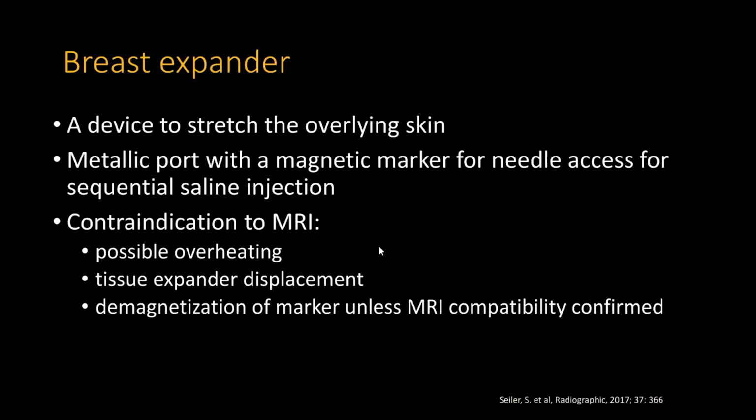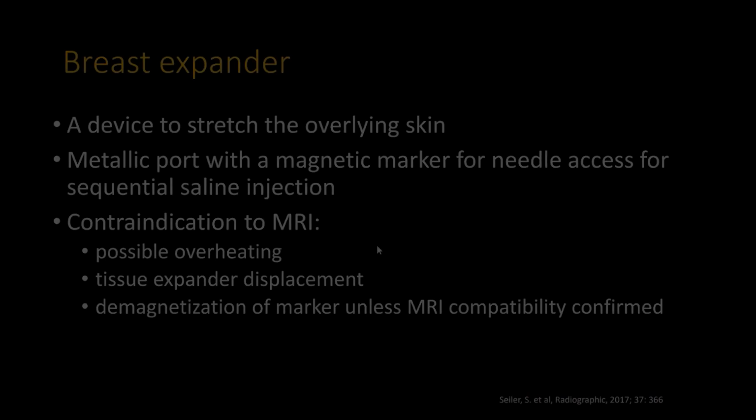They use that for needle localization and access for sequential saline injections so that they can gradually stretch the overlying skin. And it is contraindicated for MRI because the metallic port can generate overheating, the tissue expander can be displaced, and also the marker can be demagnetized, and later you cannot use it.